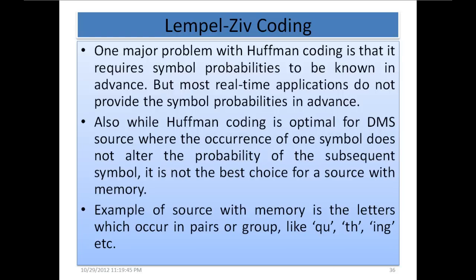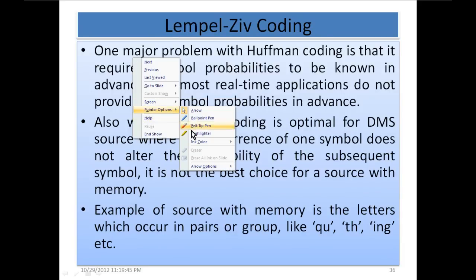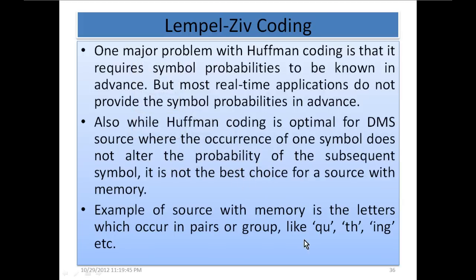An example of a source with memory is letters which occur in pairs or groups, like Q, U, TH, ING, etc. As you can see over here, in English, if Q has appeared in the text, then most probably the next letter after Q will be U. I believe there is no word in English where Q and U are not together.